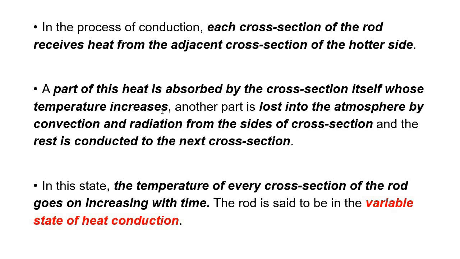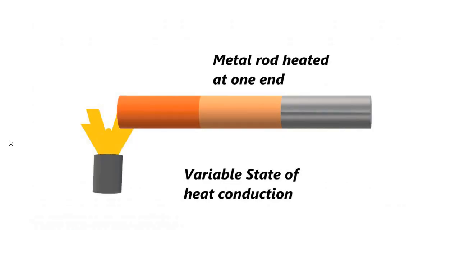So here in this state, the temperature of each and every cross section increases with time. Okay, so the temperature of this section, let's call this T1, the temperature of this section, let's call it T2, and the temperature of this cross section, let's call it T3, starts increasing as time progresses.